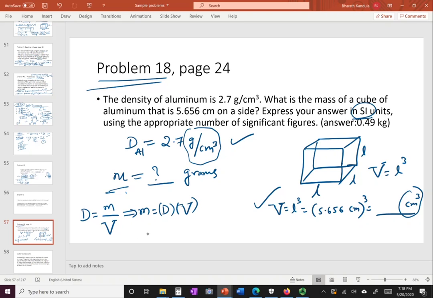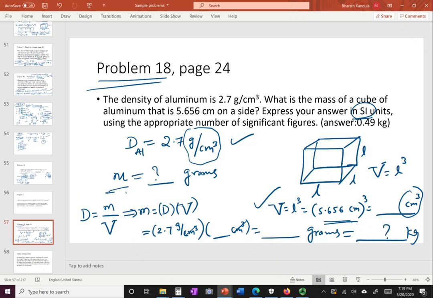So substitute these values here, 2.7 gram per cubic centimeter times this number here, whatever you get in the calculator. Don't apply significant figures rules until the last step of the problem. So cubic centimeter gets cancelled, you get the value in grams. And then finally you can convert this into kilograms. You know 1 kilogram is always equal to 1000 grams.